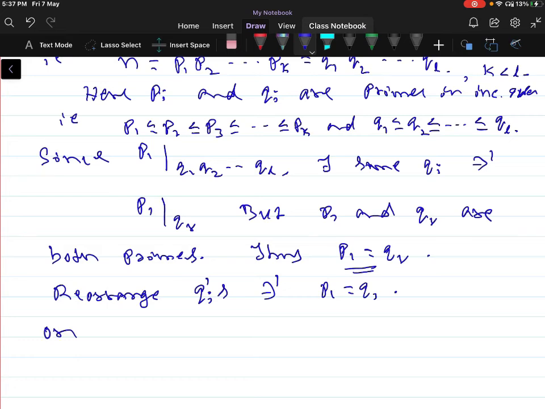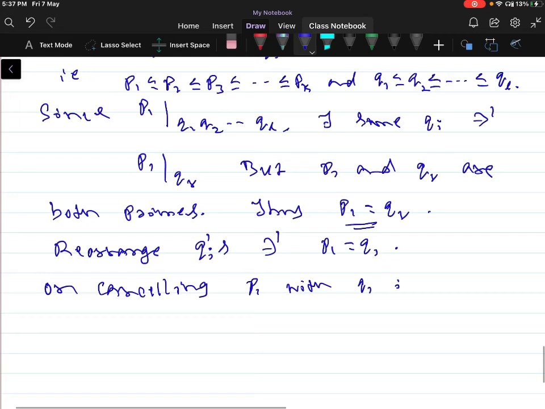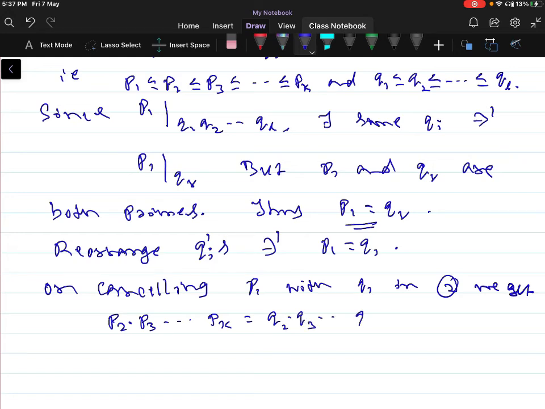On cancelling p1 with q1 in equation 2, we get p2 into p3 and so on pk is equal to q2 into q3 and so on ql.